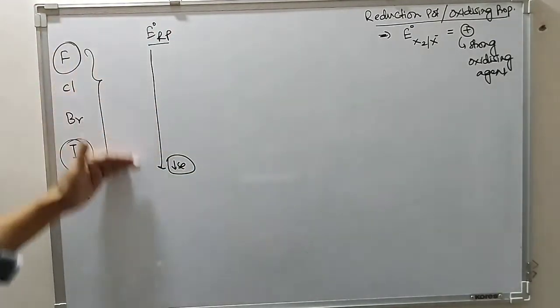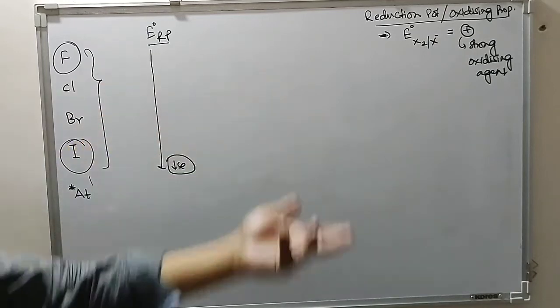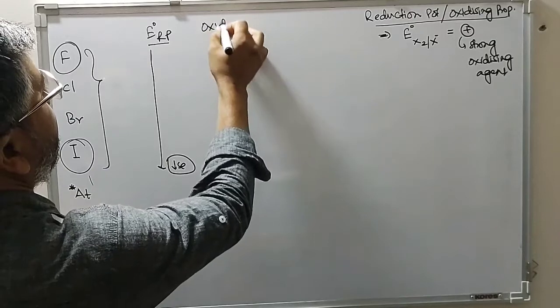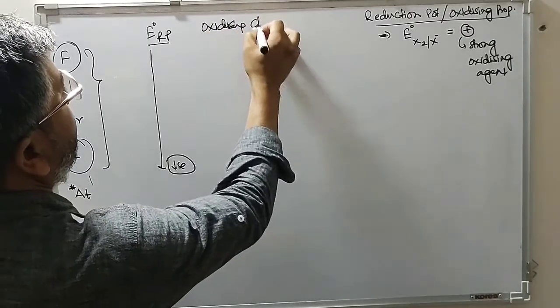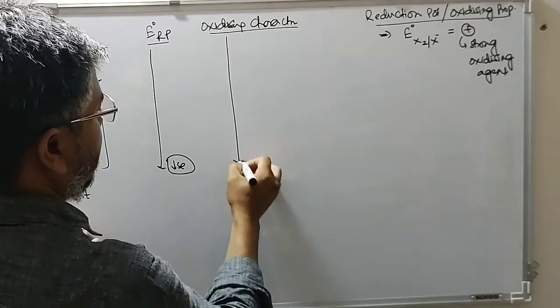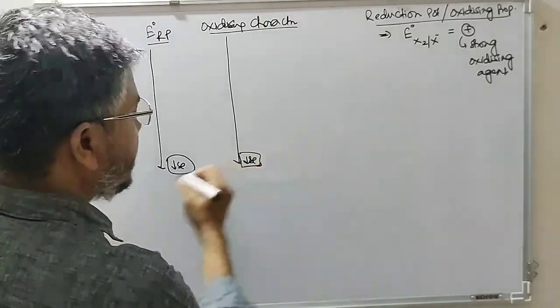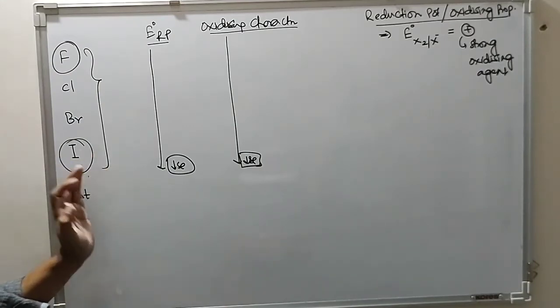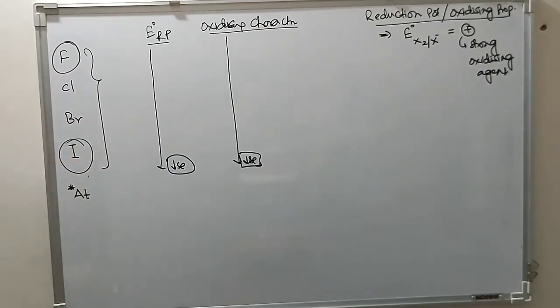As the positive value decreases, the oxidizing character of these elements decreases. So fluorine is the strongest oxidizing agent and iodine is the least oxidizing agent.